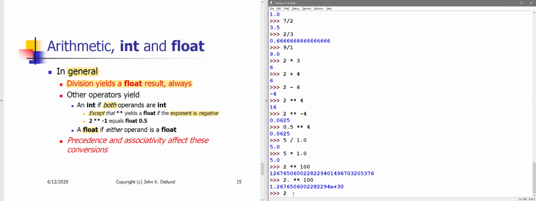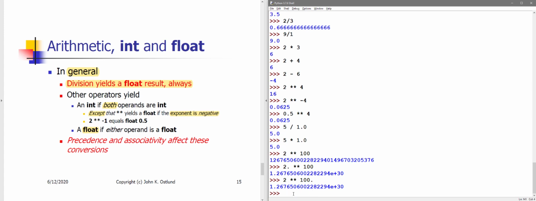Or if I say 2 to the 100. power. The existence of the decimal point in the number makes that value a float, even if I haven't specified a fraction after the decimal point. So again, same thing, I get a float result rather than an int result.